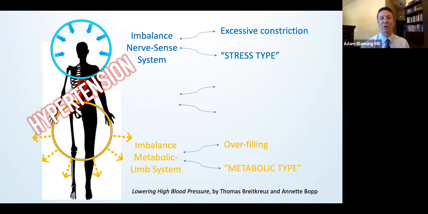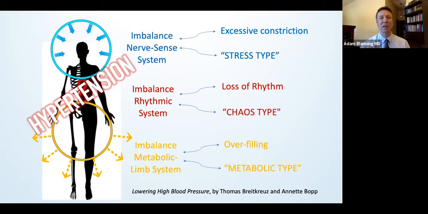And this would be someone who we could term a metabolic type, or within this book, it's also called an abdominal type. And then in the middle, we find hypertension, which is most strongly influenced by a loss of rhythm, an imbalance in the rhythmic system. And this is described very nicely as a chaos type of hypertension.